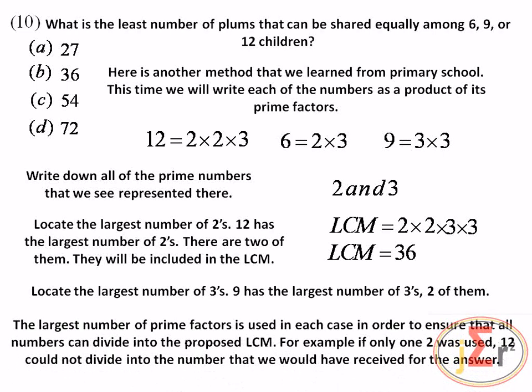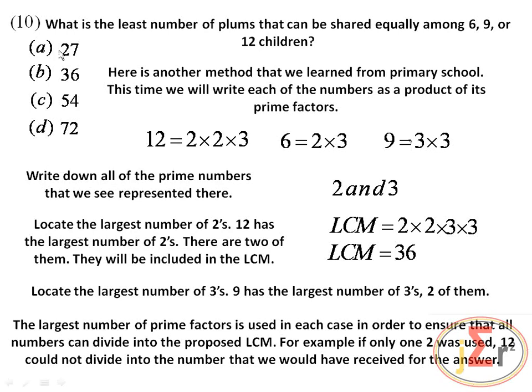The largest number of prime factors is used in each case in order to ensure that all numbers can divide into the proposed LCM. For example, if only one 2 was used, 12 could not divide into the number that we would have received for the answer.